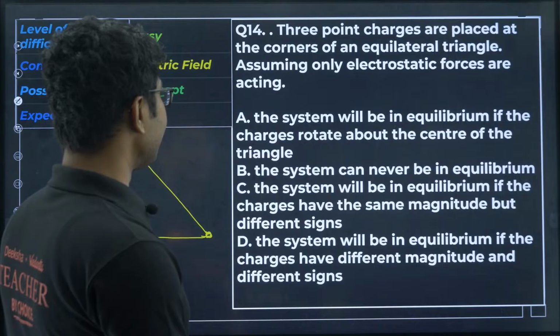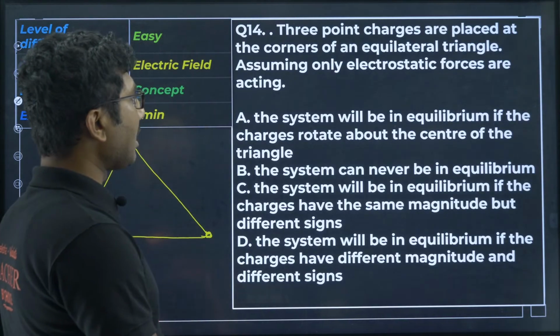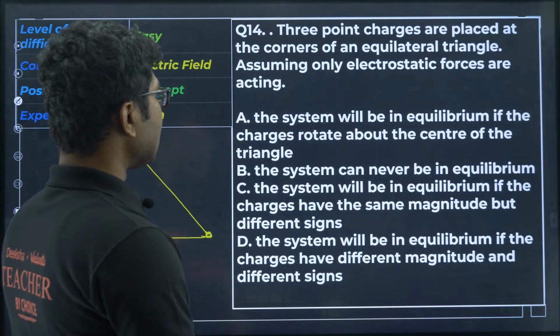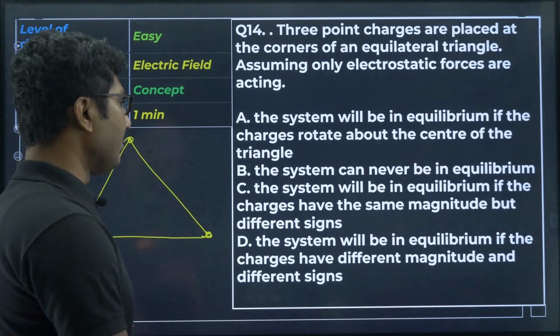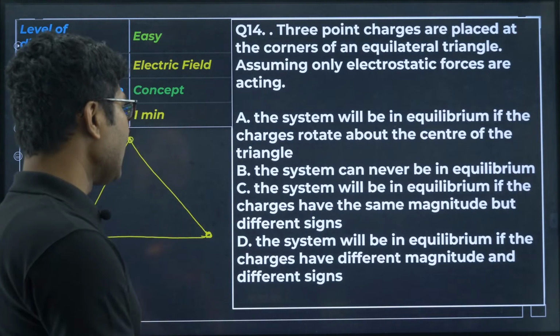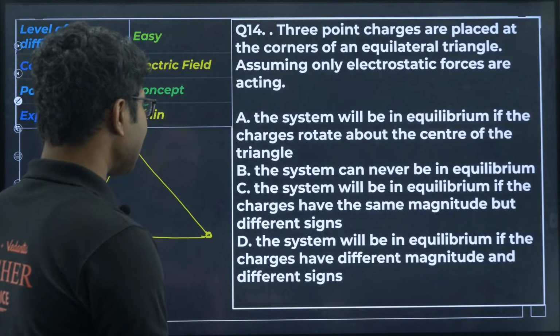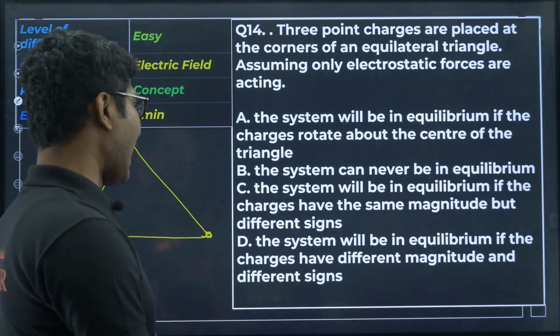Assuming only electrostatic forces are acting, the system will be in equilibrium if the charges rotate about the center of the triangle. The system can never be in equilibrium. The system will be in equilibrium if the charges have the same magnitude but different signs. The system will be in equilibrium if the charges have different magnitude and different signs.